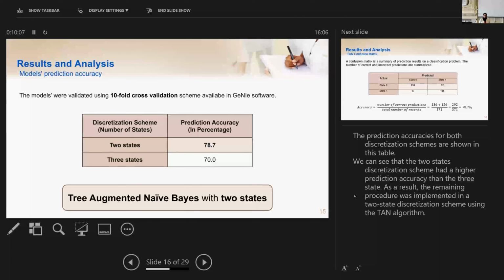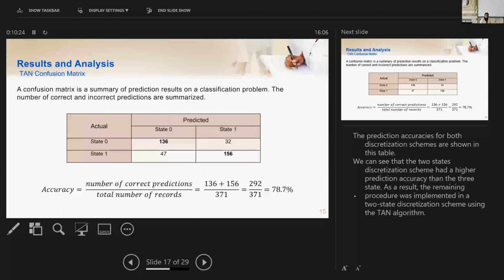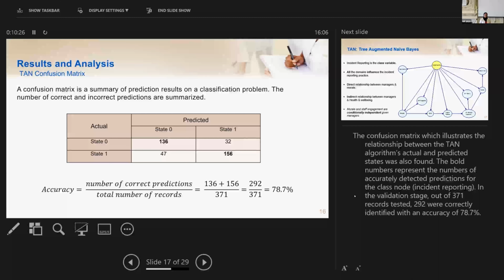The prediction accuracies of both discretization schemes are shown here in this table. As we can see, the 2-state scheme had a higher prediction accuracy with 78.7%. The following procedures were implemented in the 2-state discretization scheme using the tree augmented naive Bayes algorithm. After that, the confusion matrix, which illustrates the relationship between the TAN algorithm's actual and predicted states, was also found.